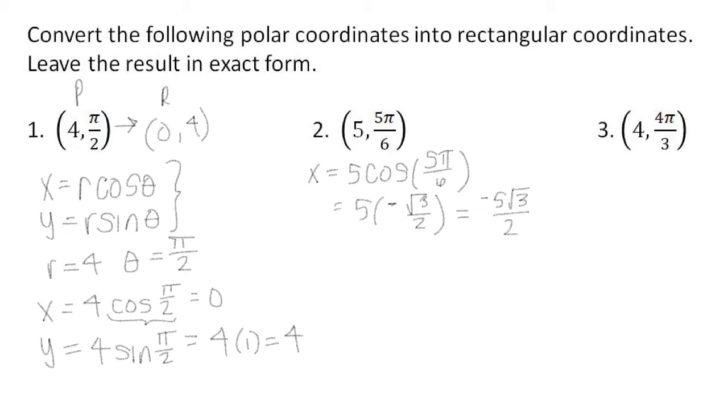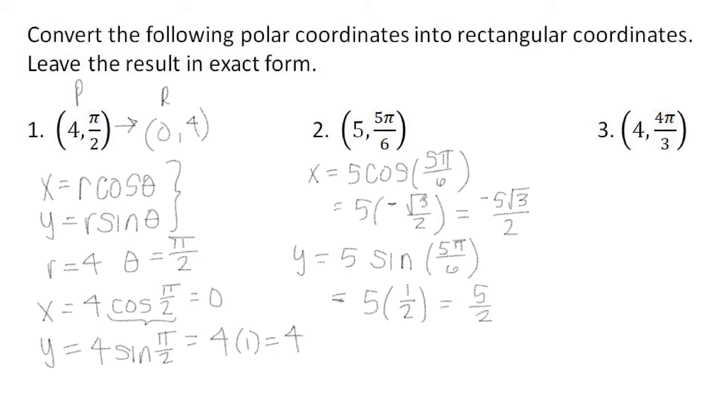And then to do your y value, y equals r sine of 5 pi over 6. So let's see, that's going to give us 5 times sine, which is positive in the second quadrant, and sine of 5 pi over 6 should be 1/2, so that's going to give me 5 over 2.